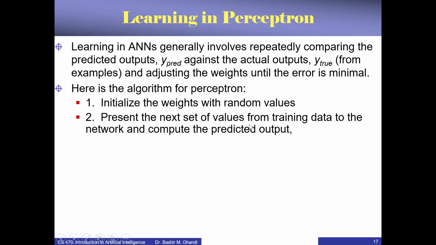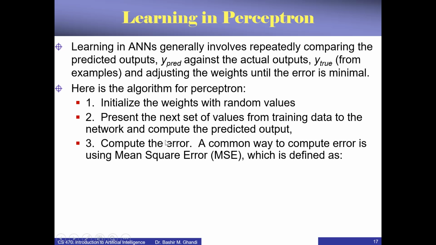Alright, so once we have the predicted output, the next step is to compute the error. Now, a common way to compute the error is using what is called mean square error, MSE, and it is defined by this formula: 1/n times the summation of (y true minus y pred) squared.